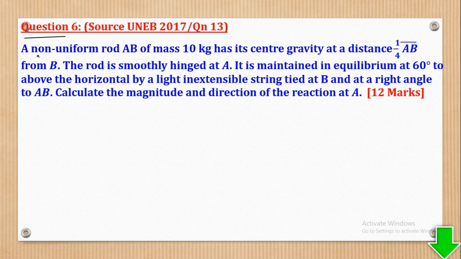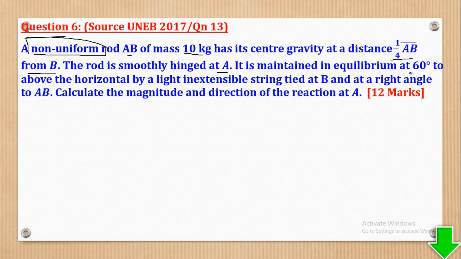Question 6 says: a non-uniform rod, non-uniform meaning they have to specify the position of the center of gravity. Non-uniform rod AB of mass 10 kilograms has its center of gravity at a distance a quarter of AB from B. The rod is smoothly hinged at A. Now they've talked about the hinge.